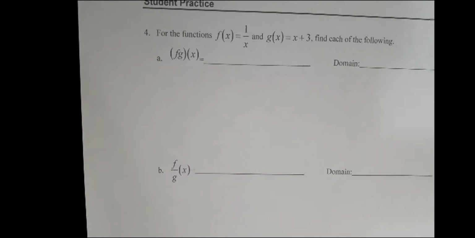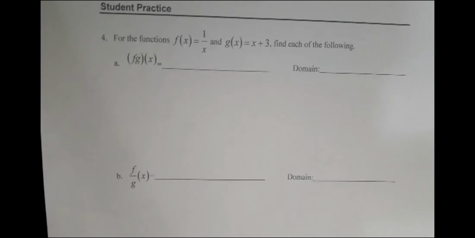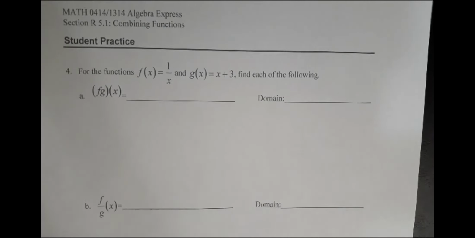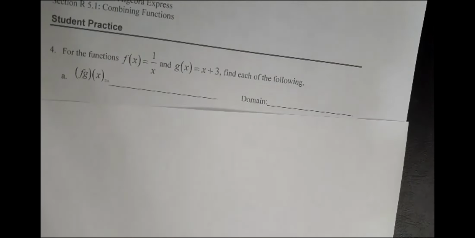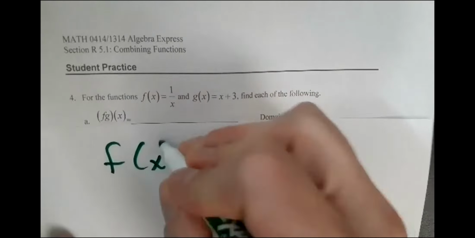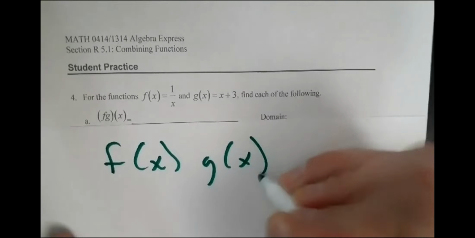So we've got one more example. This is student practice, so hopefully you're trying these things out on your own. First thing I want to do, I want to look at this and write out my definition. So f times g of x is f of x times g of x.